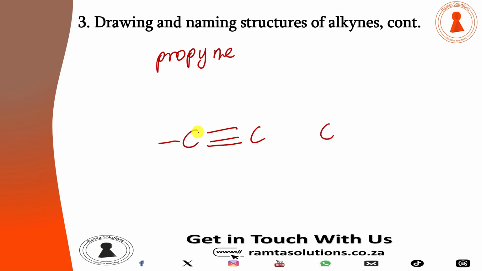Carbon has four bonds, guys. So we need to draw an H here, this one doesn't need a hydrogen, and this will need three hydrogens. This is propyne. You cannot say 1-propyne versus 2-propyne; even if the triple bond was here, it was still going to be one.